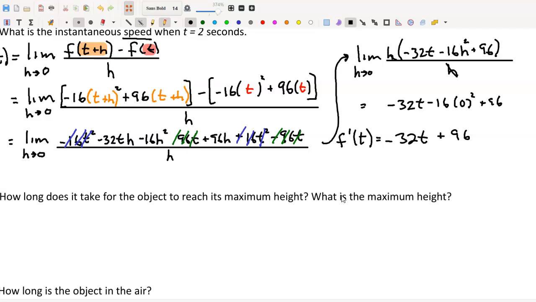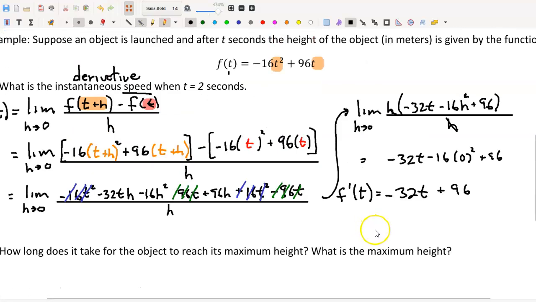And that is a new function, right? That will give you how fast it's going. So the first one gives you how high it is off the ground. This derivative is how fast it's going.